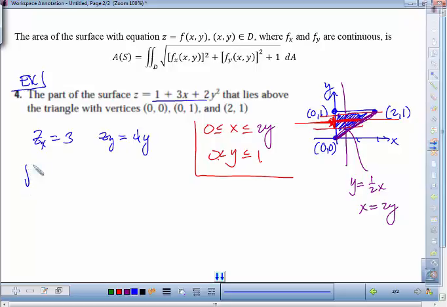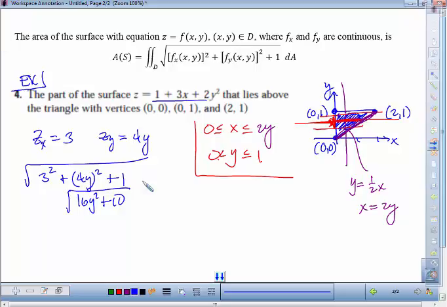So you throw that into the formula: fx squared plus fy squared plus 1. Then it probably wouldn't hurt to simplify. We got 16y squared plus 10, all under a square root. That's looking like some trig substitution business.